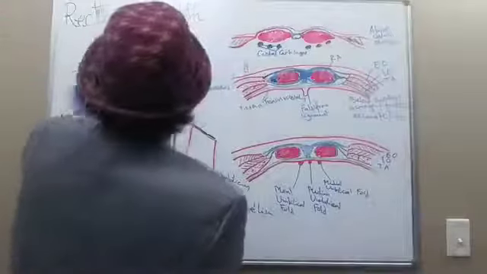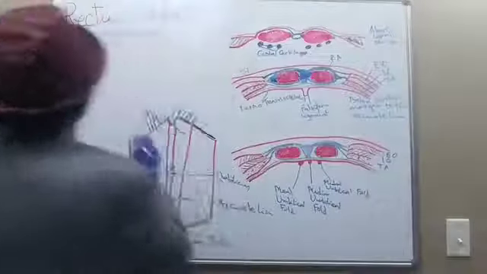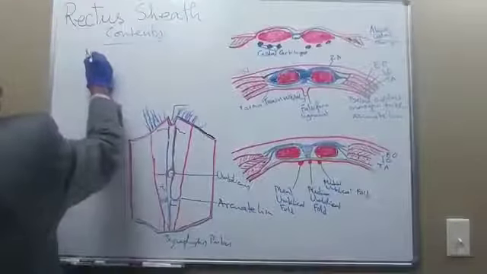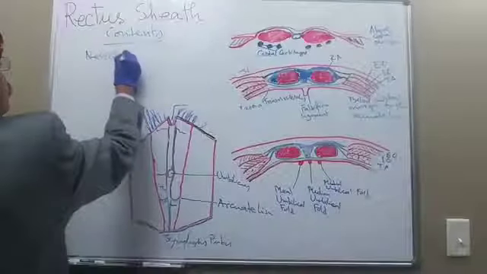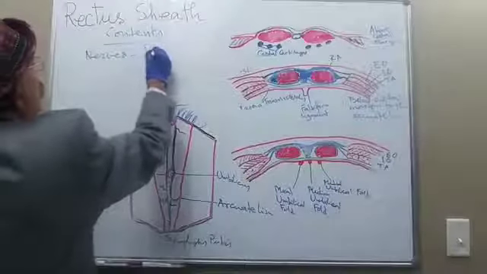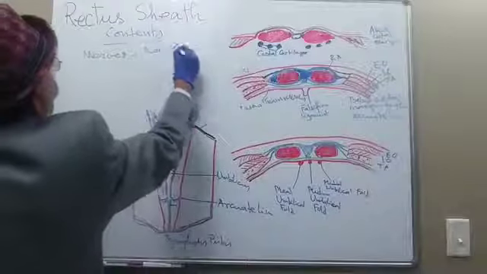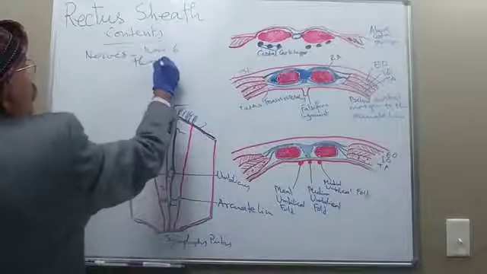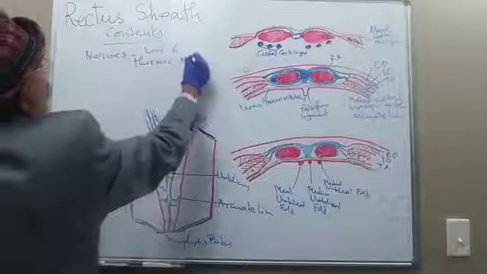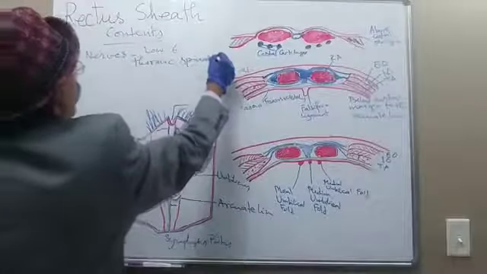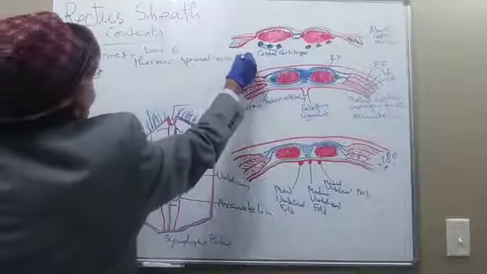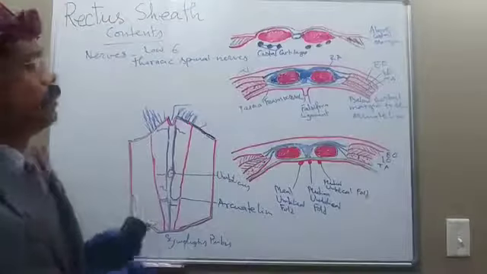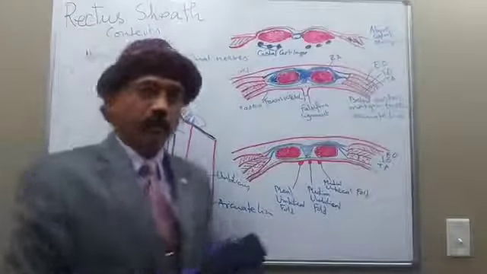Now we'll go to the nerves. We get lower 6 thoracic spinal nerves. Okay. Like what? The ventral ramus of thoracic spinal nerve.